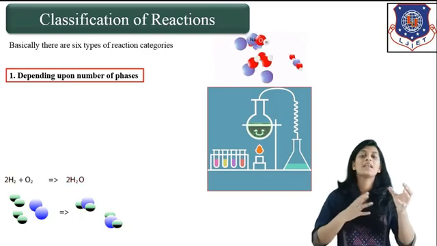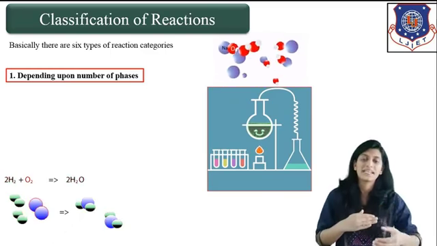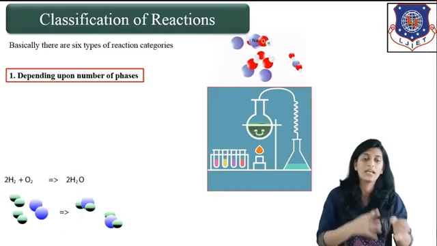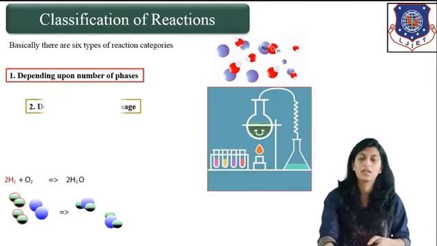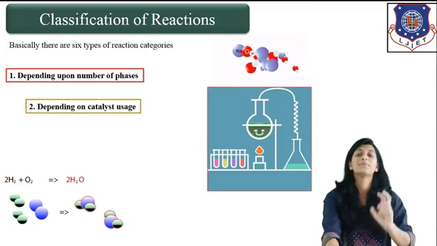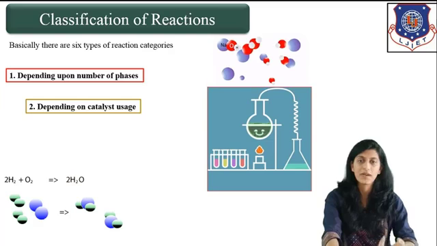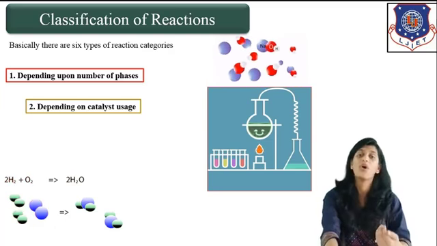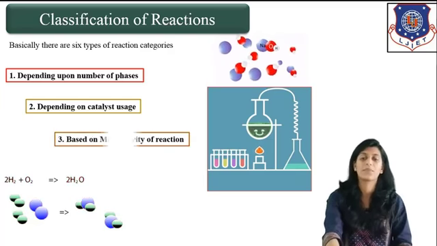That means how many phases are involved in the given reaction. Then there is a dependency on catalyst usage, that is, whether the reaction is taking place in the presence or absence of a catalyst.